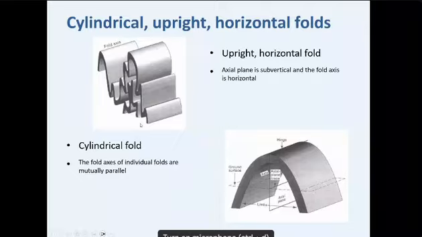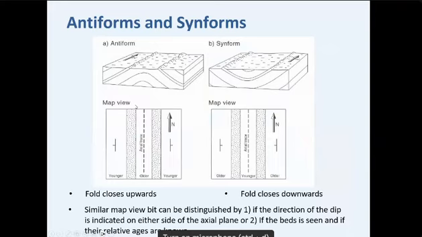I've showed you this already. We don't know the relative ages of the beds, so this would typically be an antiform, and this would be a synform. This is in cross section.